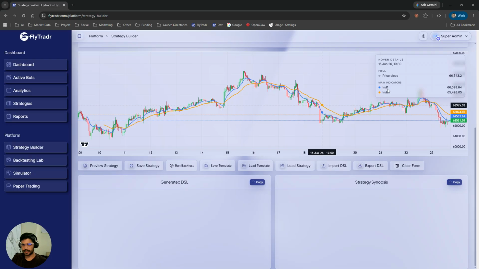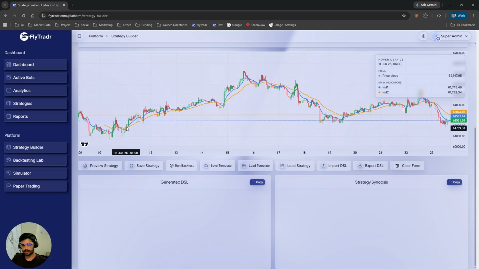Everything is plotted here. We have two indicators, indicator 1 and 2, EMA 9 and 25, represented by blue and orange colors. You can visualize how the strategy works on paper, right? For example, if you check from the beginning, right here, there was a condition when blue crossed orange. That means an uptrend was spotted and a condition was met.